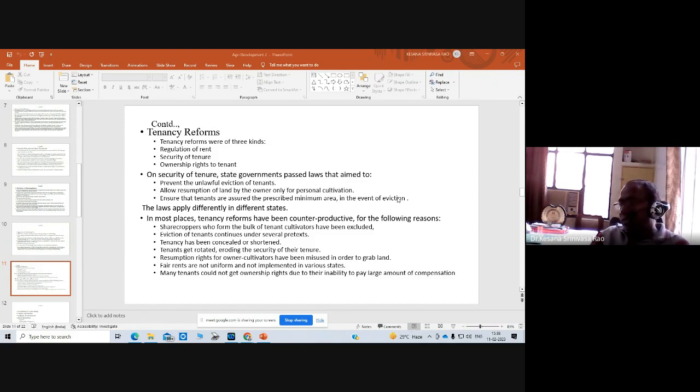Due to that, the output which tenants give back to the owners may not be that much.